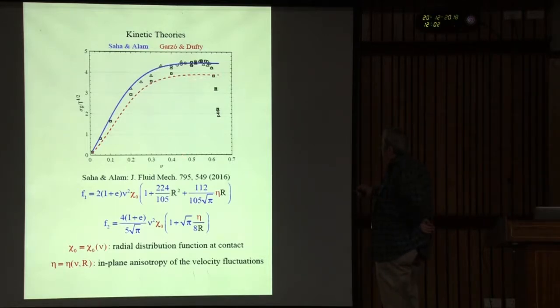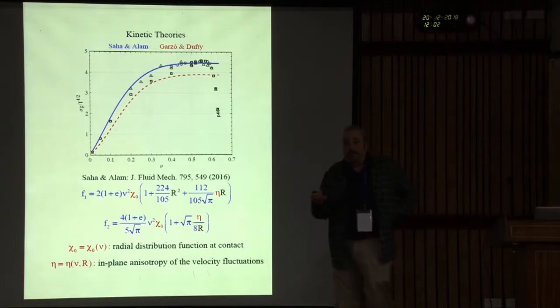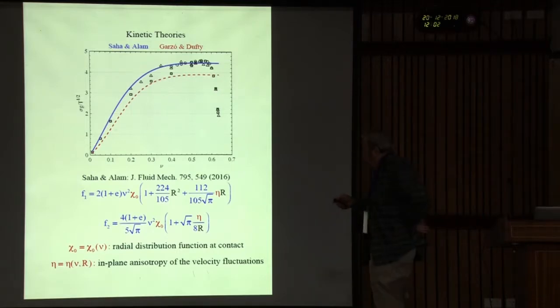So by extending these theories into the denser regimes, we're abusing their intentions, but I wanted to show you how these theories predicted all the way up to 64%.